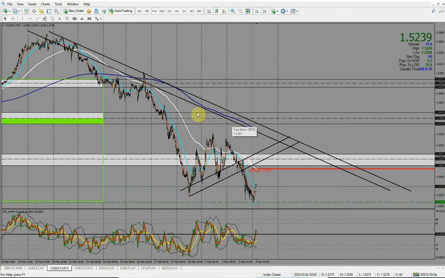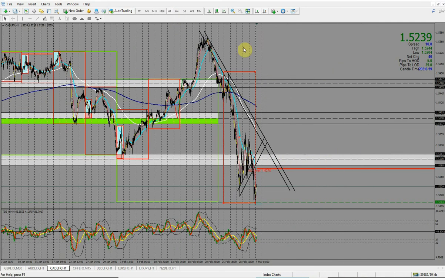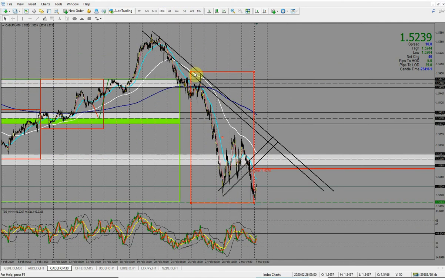Let's see if price can come back to that area there. Go to 1 hour, 15, 30. Yeah, for me this looks good enough.